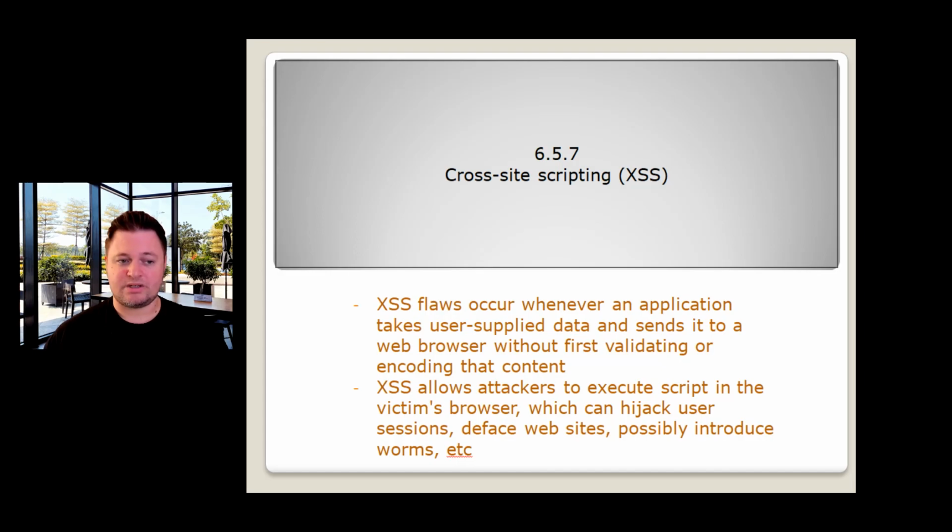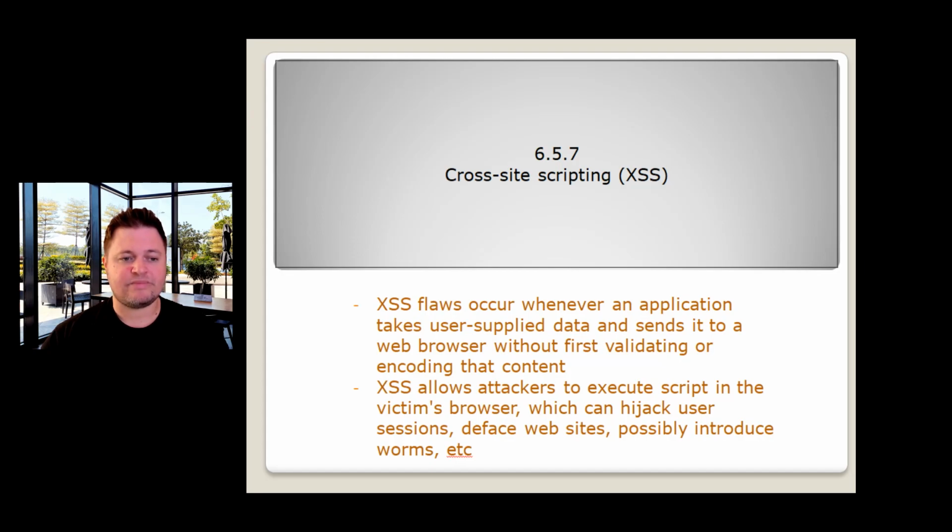Cross-site scripting occurs whenever an application takes user-supplied data and sends it to a web browser without first validating or encoding that content. It allows attackers to execute script in the victim's browser, which can hijack the user's session, deface websites, and possibly introduce worms, and so on.